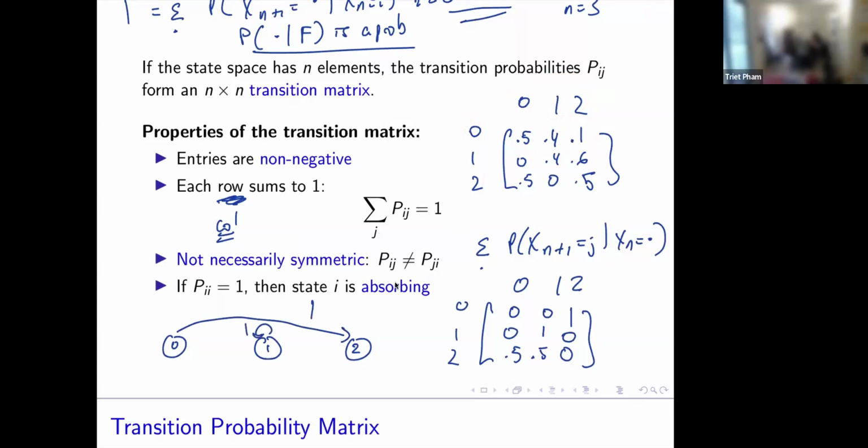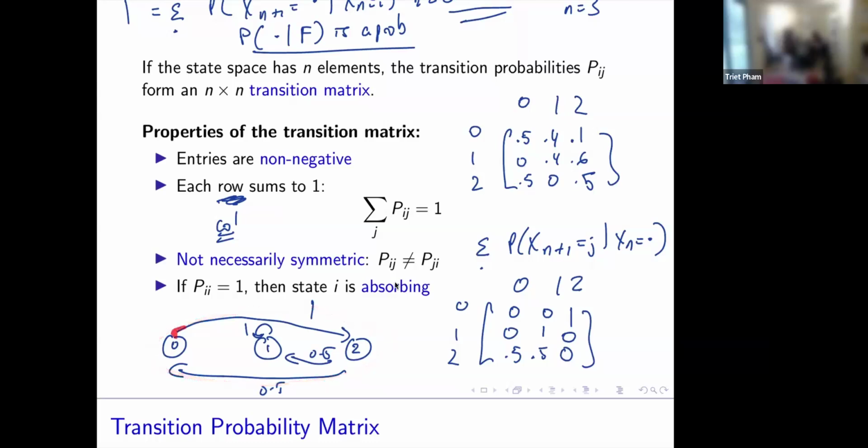Something like this: 2 goes to 0 with probability 0.5, 2 goes to 1 with probability 0.5. Helpful in that you can visualize a small Markov chain, 3 or 4 states. Not going to be helpful with 100 states, or with abstract results. But it could give you some visualization, and people do this too. So it's a nice tool to have along.